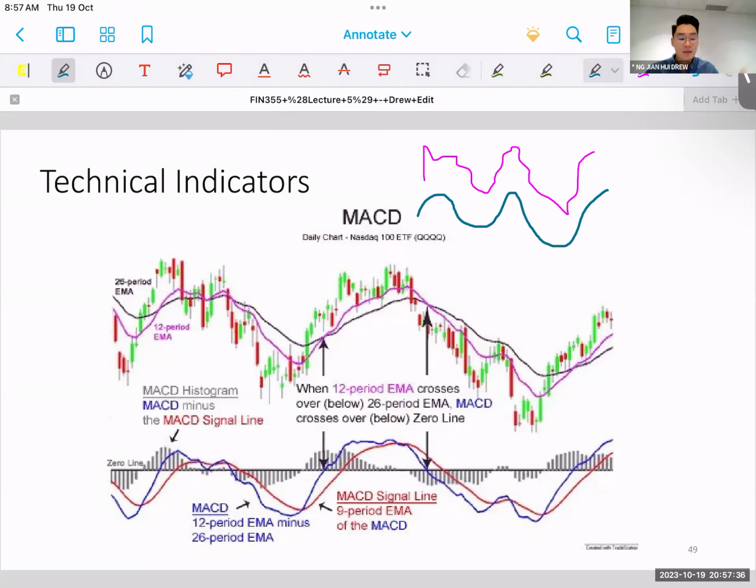You can do a 10-day moving average, or a 2-day moving average. Of course, if you do a 2-day moving average, it will look super smooth, and maybe there's no meaning after all. So generally, they use 12 days or 26 days compared with a 9-day moving average.